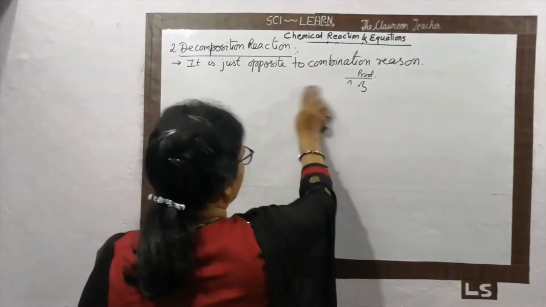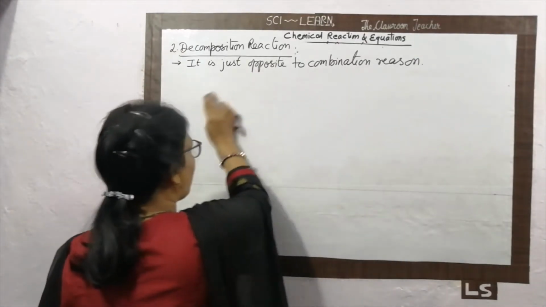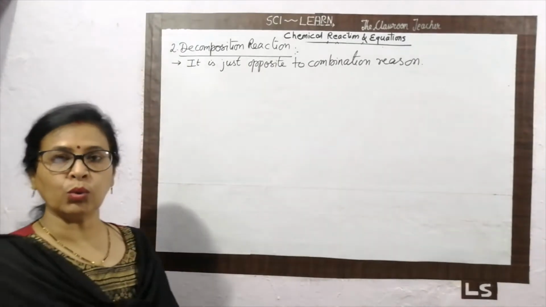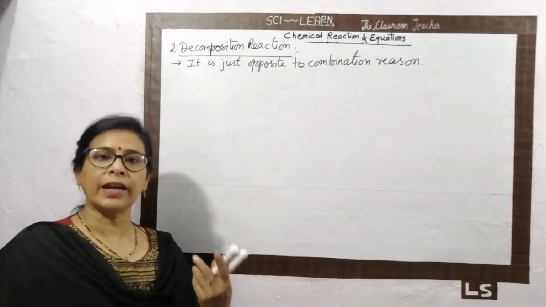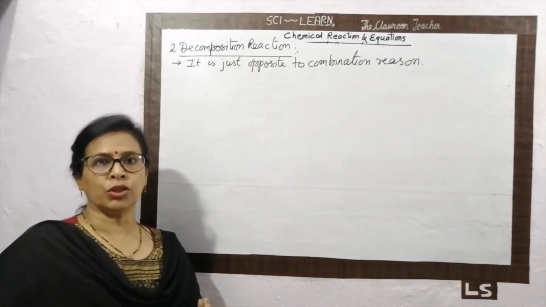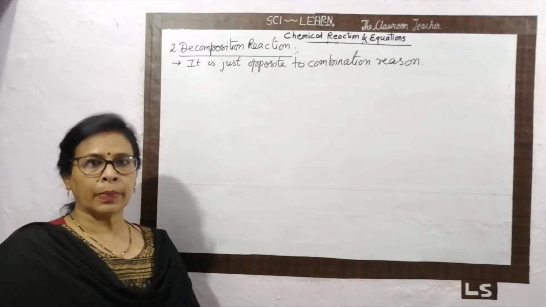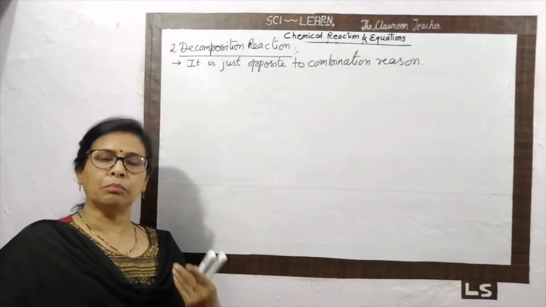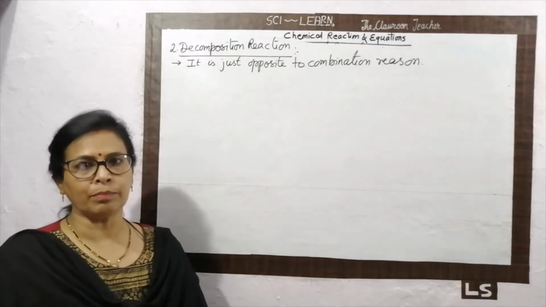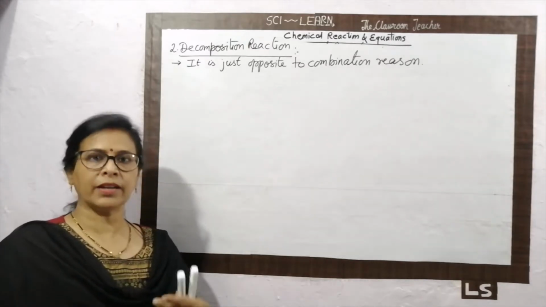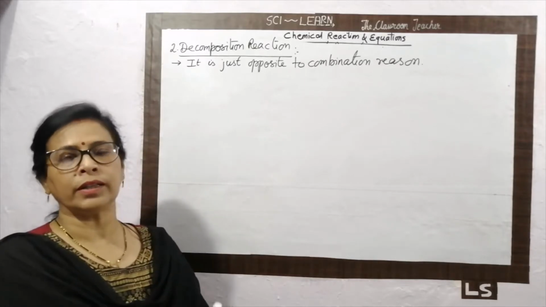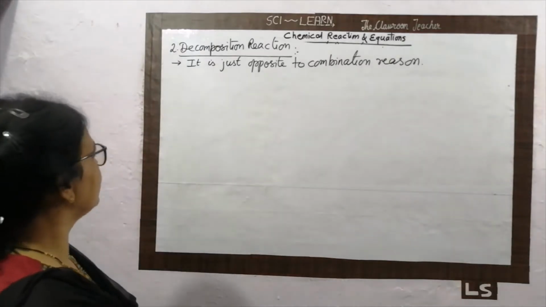If the reactant is a compound which is split up into two or more other substances, then that reaction is called the decomposition reaction. It means a compound breaks up or splits up to form two or more substances. If in a chemical reaction this process is going on, then it is called the decomposition reaction.